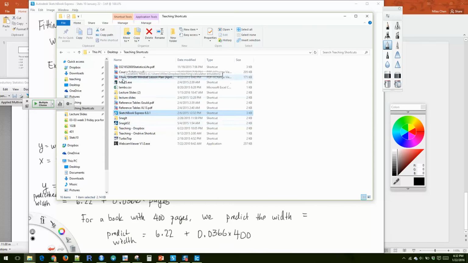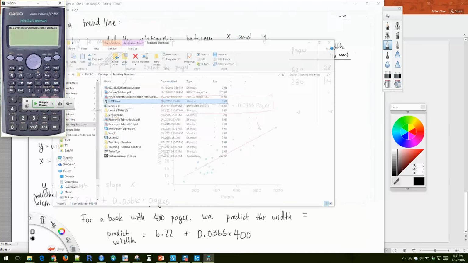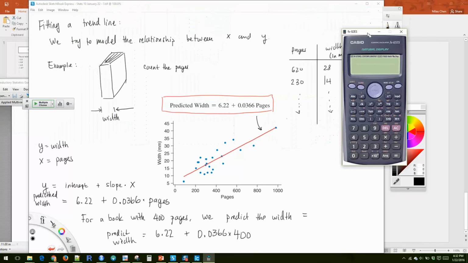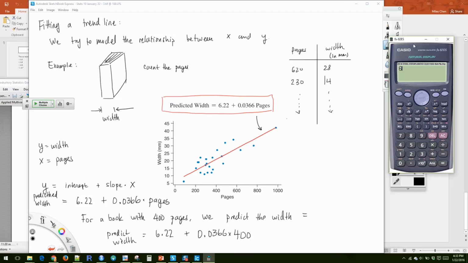So let me pull up my calculator. I'm going to say 6.22 plus 0.0366 times 400. That's going to be 20.86.